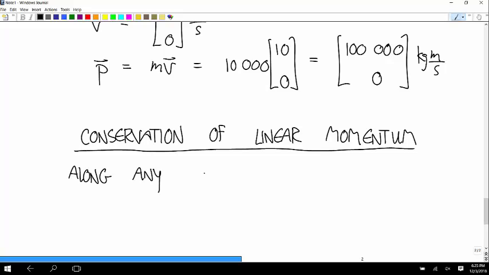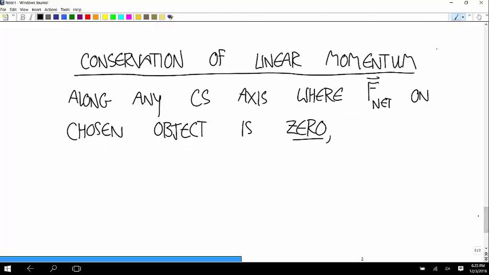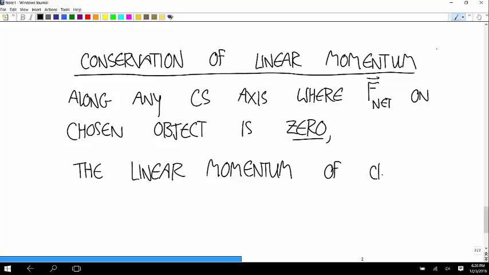Along any coordinate system axis where the net force on the chosen object is 0, the linear momentum of the chosen object is constant.